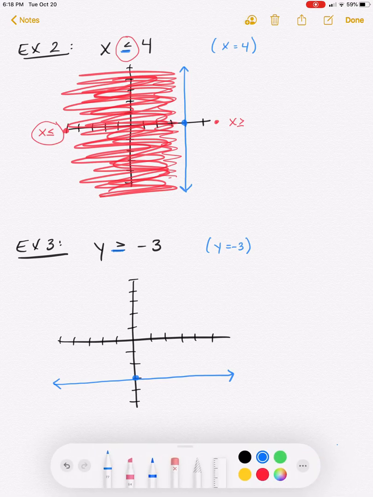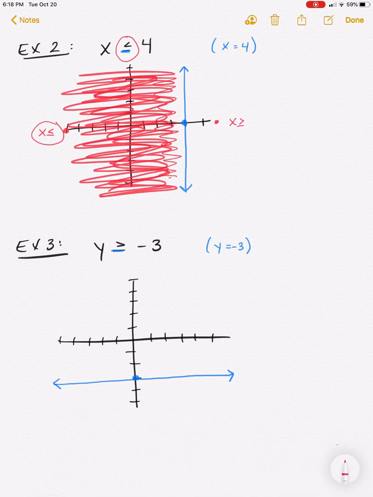And so let's think about our shading again. Put your pencil where the y's are getting bigger and bigger, and I hope your pencil is somewhere up here. So this is where the y's are getting bigger. Put your pencil where the y's are getting smaller, and hopefully your pencil is down here. This is where the y's are getting negative. So shading above is where the y's are greater than, and shading below is where the y's are less than.